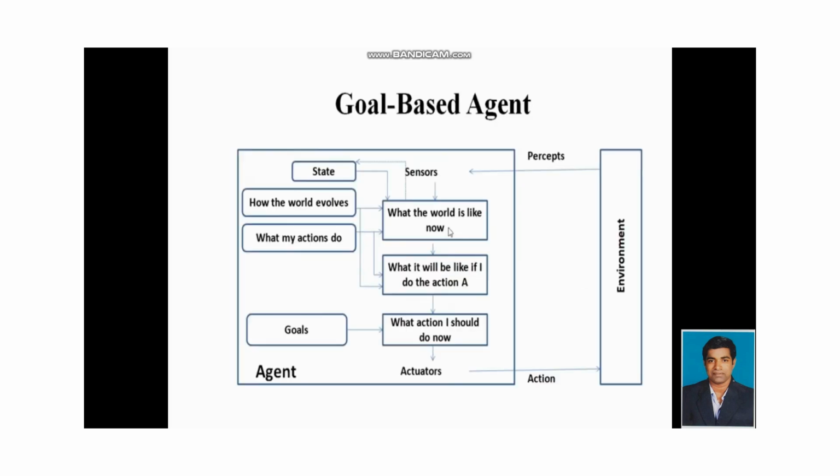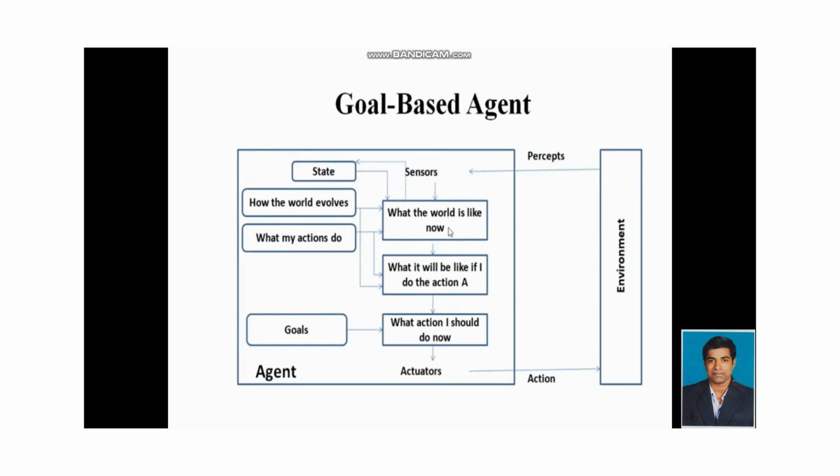Goal based agent diagram, similar to the previous agent. Here the sensor unit is perceiving inputs from the environment, and what the world is like now. That block is connected with the state: how the world evolves, what my actions do.